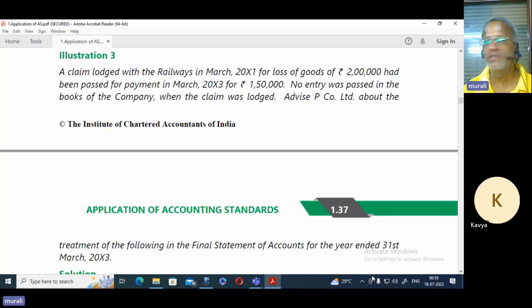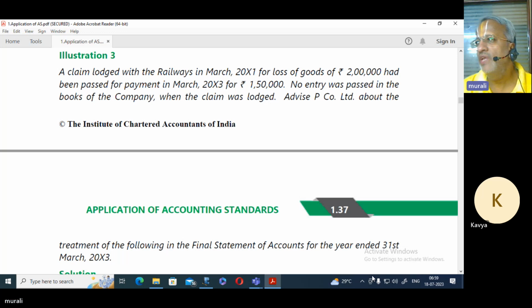Can you just consider this matter as a prior period item, a matter related to one or more previous years affecting the current year's profit and loss account, arising on account of error or omission? Can you consider this as a prior period item?